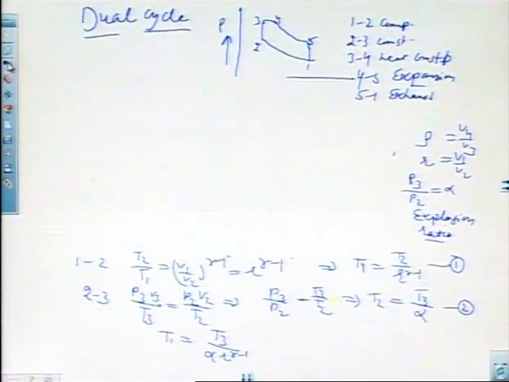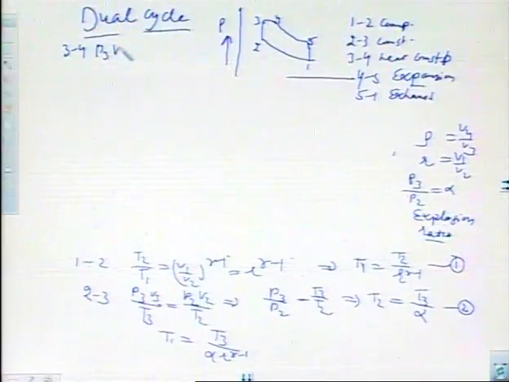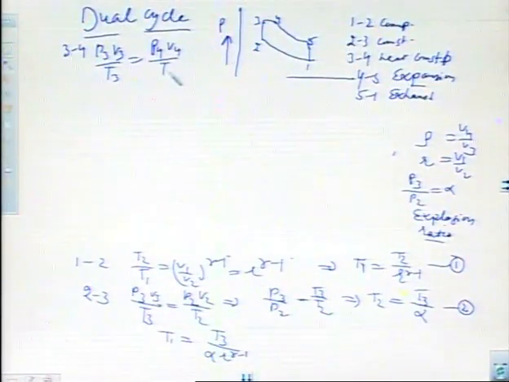Now, take next process. What is your next process is 3 to 4 process. In 3 to 4 process, it is a constant pressure process. Apply the gas equation P3 V3 divided by T3 equal to P4 V4 divided by T4.